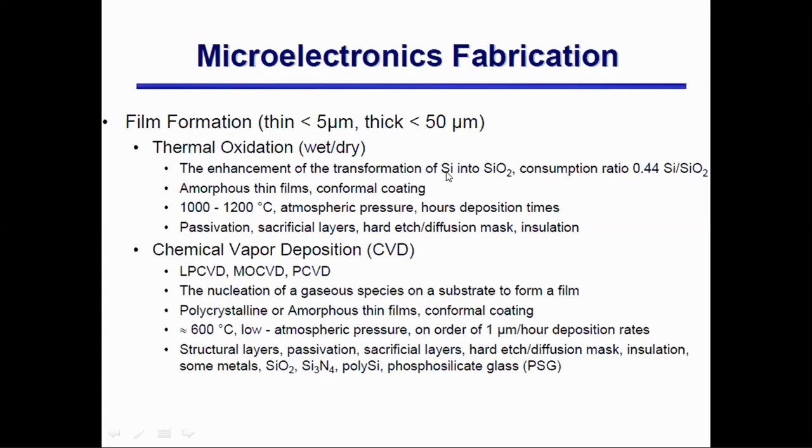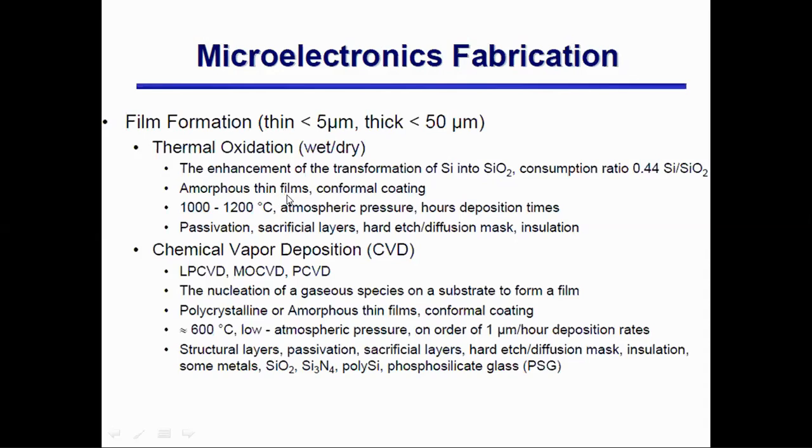When it is heated, silicon combines with oxygen, and a layer of silicon dioxide is formed on top of the silicon wafer. If you use oxygen gas, then it would be dry thermal oxidation. But if instead of oxygen gas we use water vapor, then it would be called wet thermal oxidation.